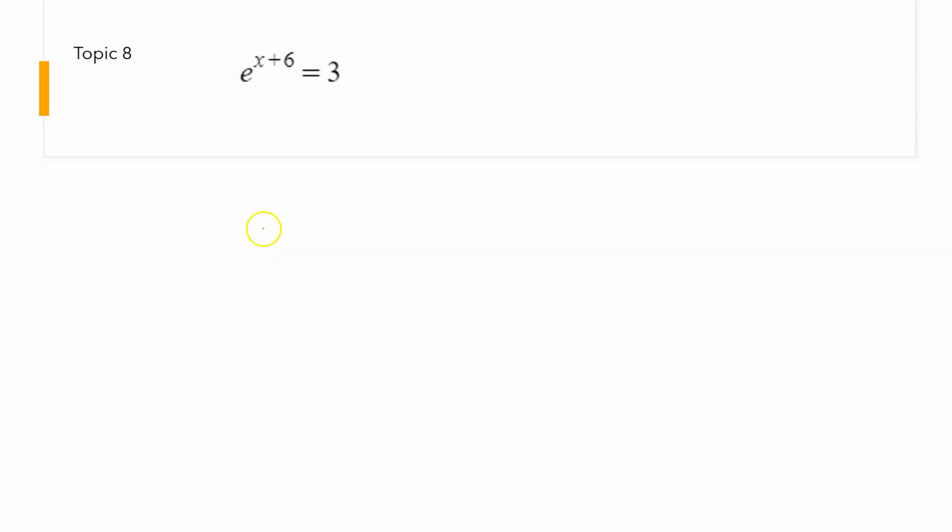Again, this is e to the x plus 6. As we have an exponential function, we use natural logarithm on both sides of the equation. Natural logarithm of e to the x plus 6 equals natural logarithm of 3. The natural logarithm of e to anything is just the exponent.